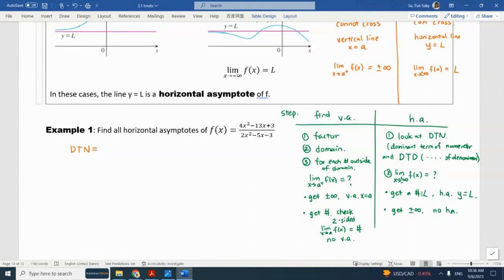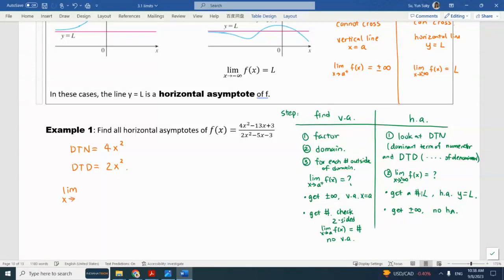Yes, 4x squared. And what is the dominant term of the denominator? 2x squared. Do we need to factor? No, don't factor it. When you find a horizontal asymptote, you just look at the dominant terms. You don't care about the smaller terms. And then you can compute the limit.